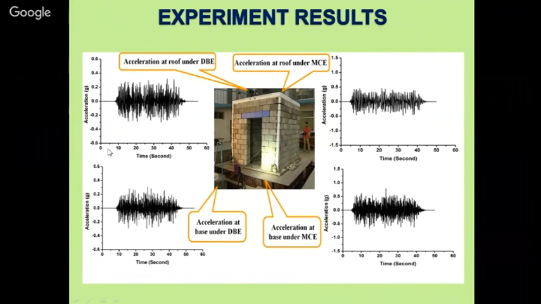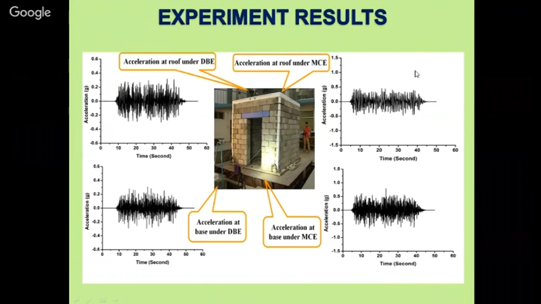In this case, the energy is not dissipated much, because of the initial rigidity we have provided to the material. When the shaking is small, the structure behaves in an elastic manner, and no cracks or damage are observed during this design based earthquake.